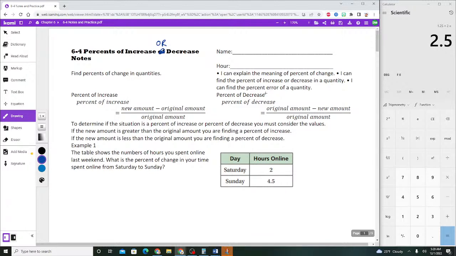Another good example would be that we as teachers each earn a salary. At the end of the year, we get a percentage of our salary as a raise for staying within the same school district. So, for instance, Mr. Dickinson gets more of a raise than I do monetarily.